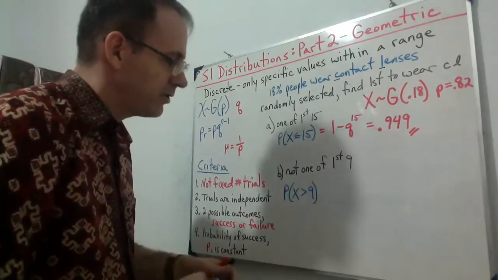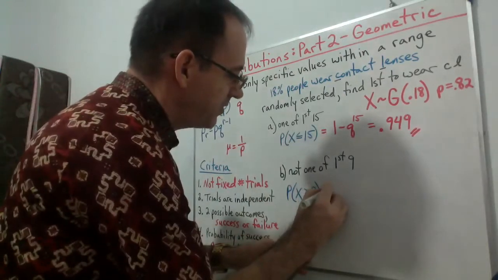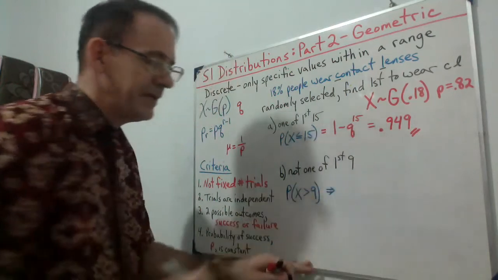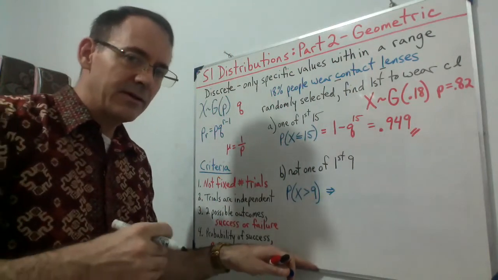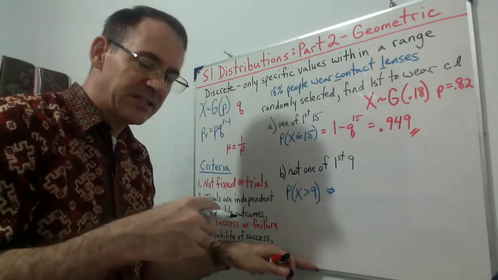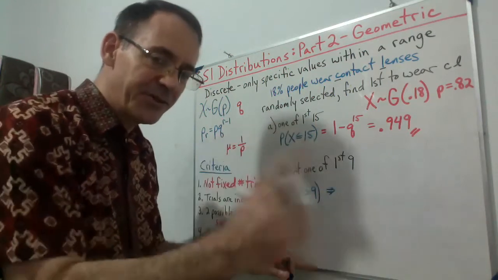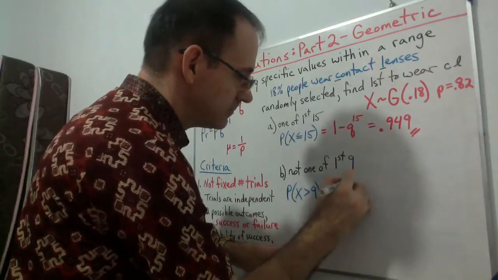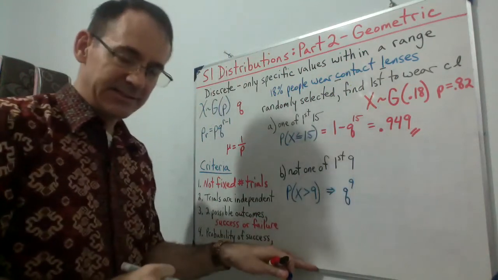But another way you could put this is that if our first success is after 9, then that means we have to fail 9 times.